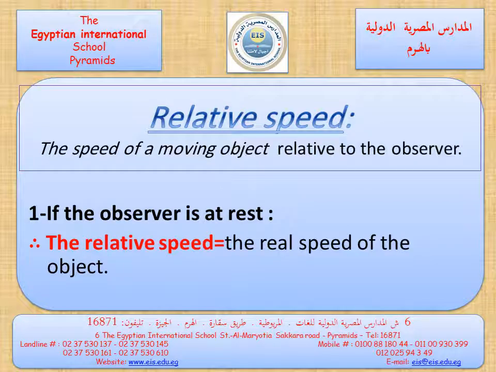If we want to calculate the relative speed and the observer is at rest, the relative speed in this state will equal the real speed of the moving object. For example, if you stand on the side of the road and look at a moving car, you can see this car with a speed higher than its real speed or lower than its real speed, or you can see it with its real speed.